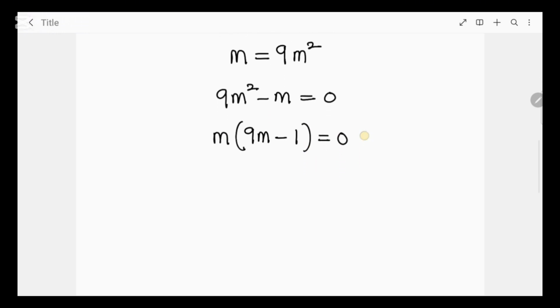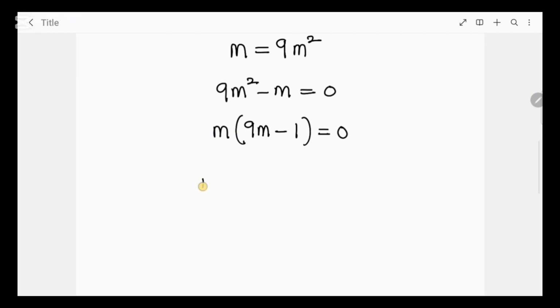Very good. So there are two cases here. We have m equal to 0, or we have 9m minus 1 equal to 0. So for the first case, we've already got the value of m to be 0. Now for the second case, for us to get the value of m, I'm going to be moving minus 1 to the right. And when I do that, I have 9m equal to, as minus 1 crosses, it becomes 1.